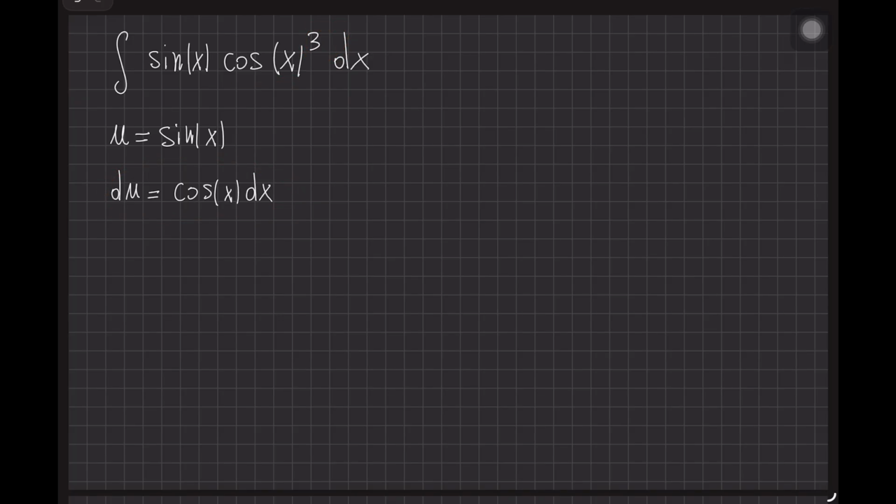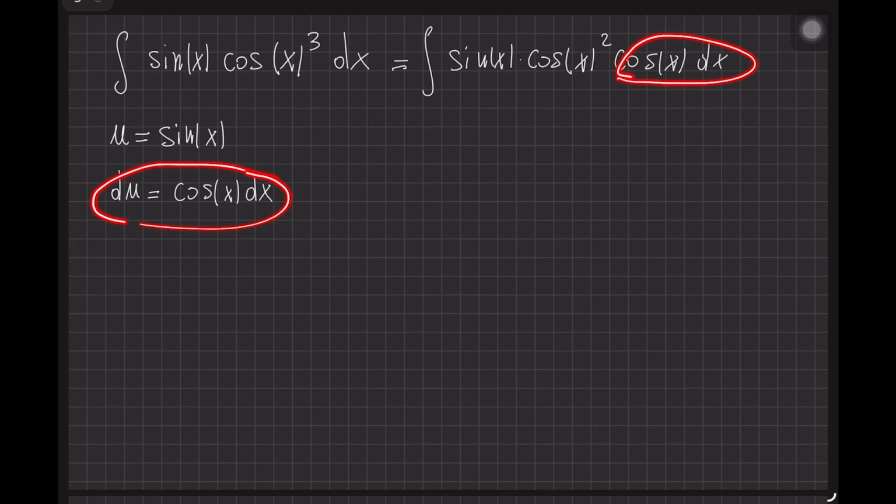So, we can rewrite this integral directly as the integral of the sine of x times the cosine of x squared times the cosine of x dx. So now this cosine of x dx will go away with the differential, and the sine of x is going to become u. So we are left with the cosine of x squared.